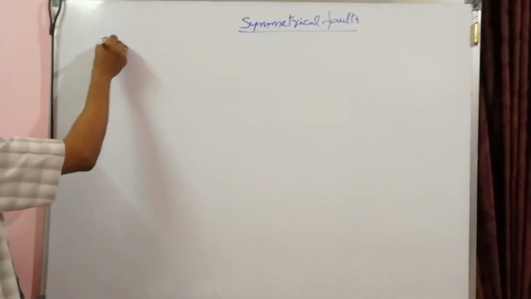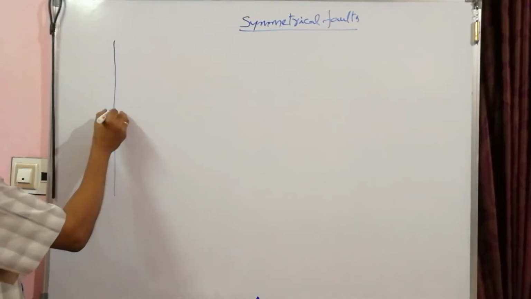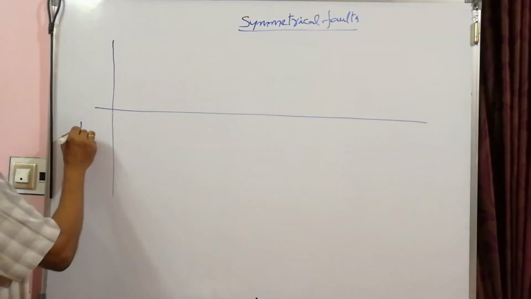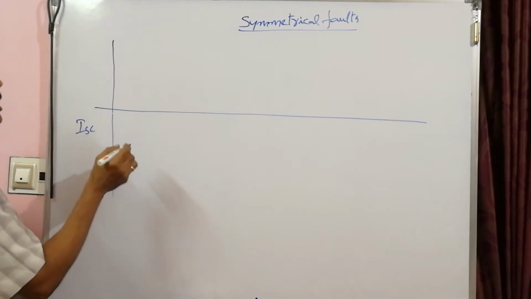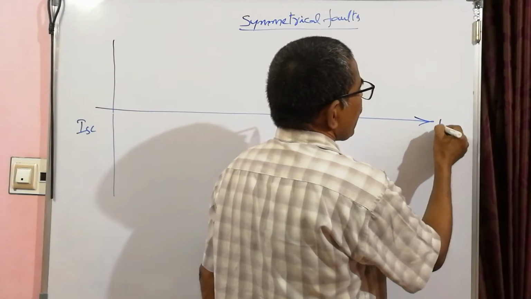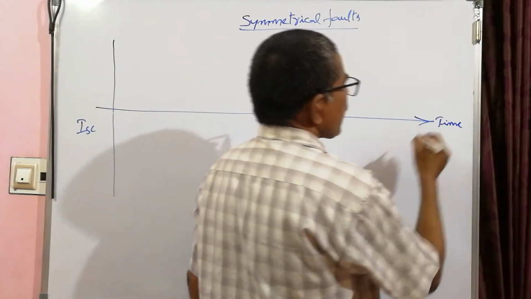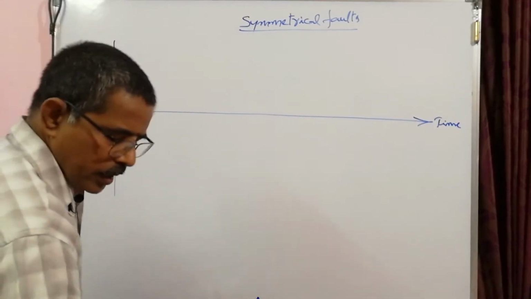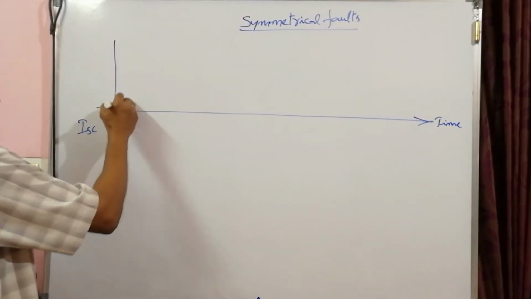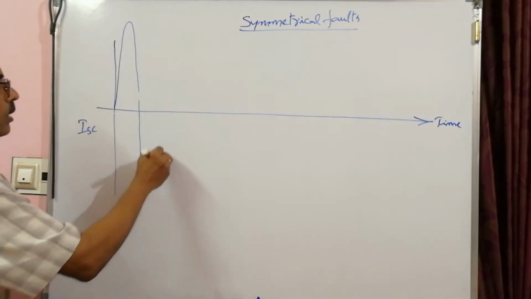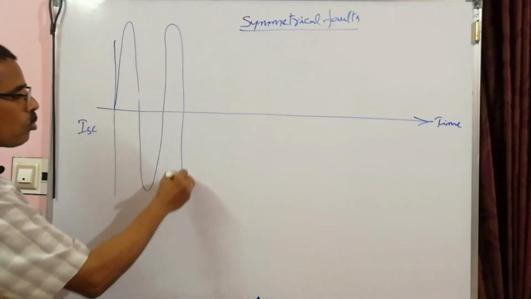First let me draw the waveform. Take ISC, short circuit current, on the y axis and time on the x axis. Immediately upon short circuit, the current shoots up to a very high value and then slowly comes down.